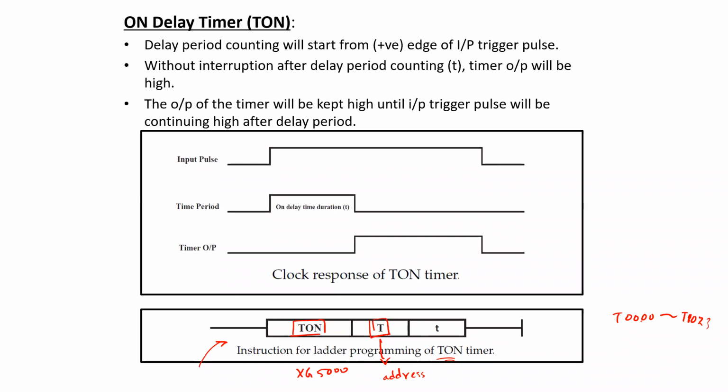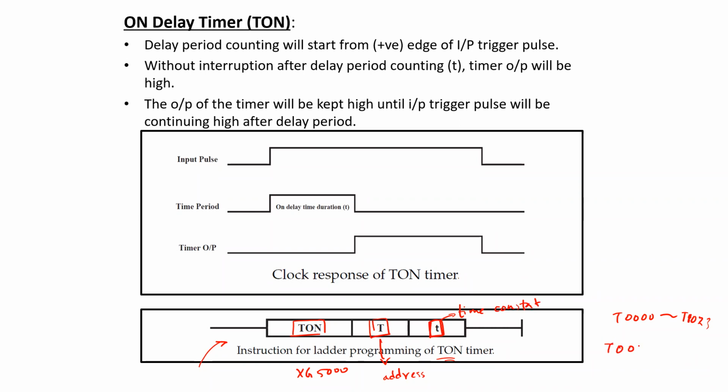But considering the address, the corresponding resolution has to be considered while setting the time constant, which is inserted into the third block, or as the third information. So this is the time constant.